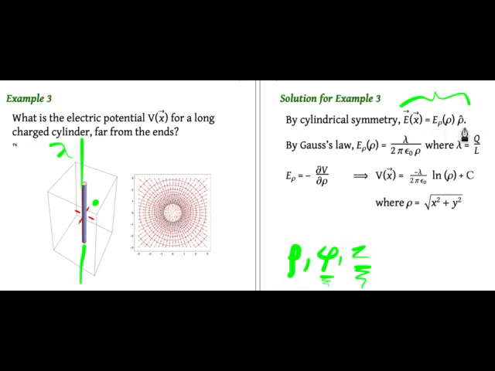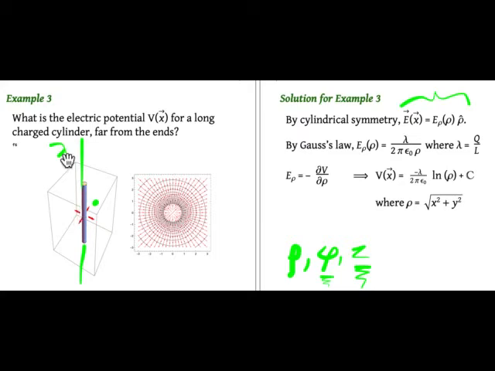Now this is a problem that you can solve using Gauss's law. In fact, we solved this problem last week using Gauss's law. The flux of E through a little Gaussian cylindrical surface will be E rho times the area of the surface, 2 pi rho times dz.